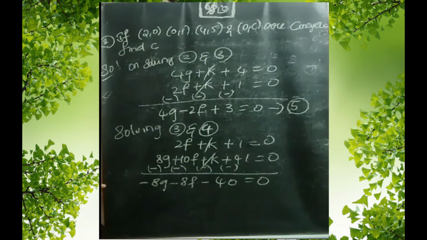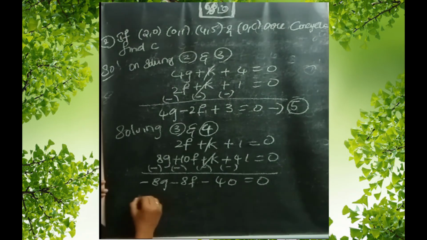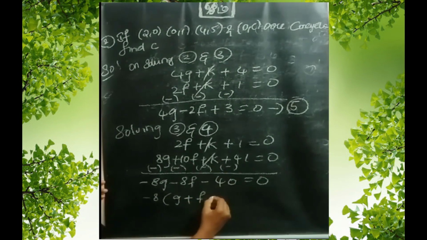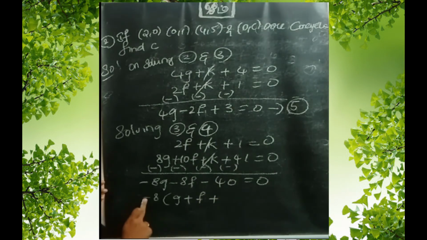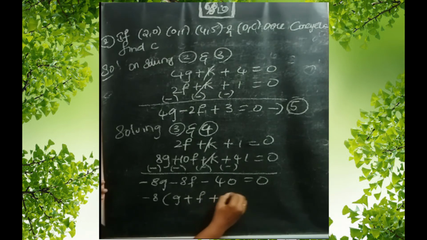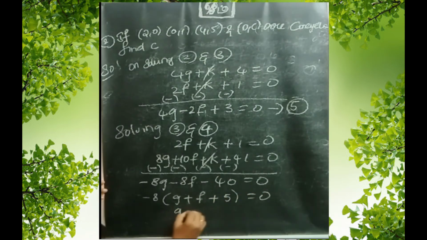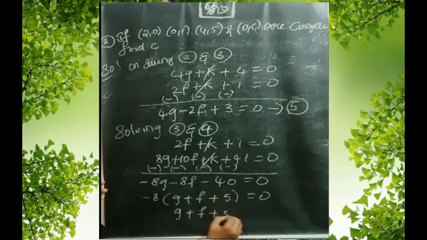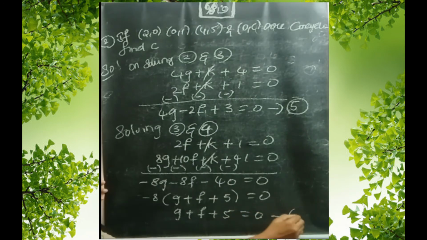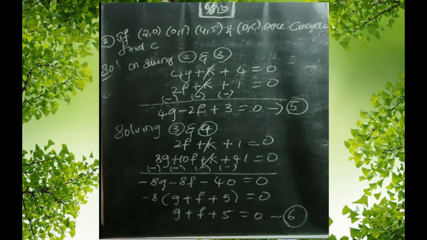Now multiply with 8, we get minus 8g plus f plus. See here we have to get minus. So minus into plus is minus. So g plus f plus 5 equals 0, which is our sixth equation.